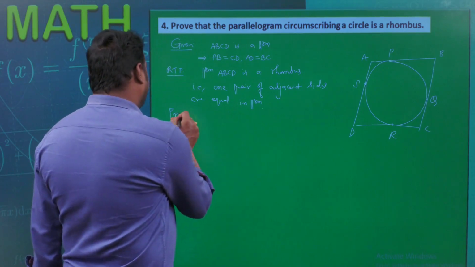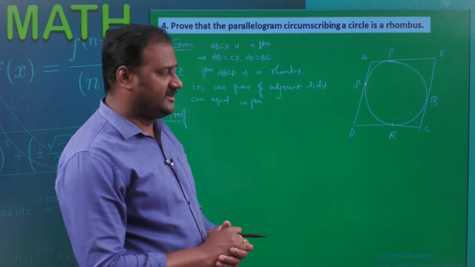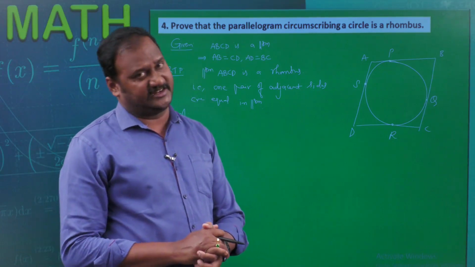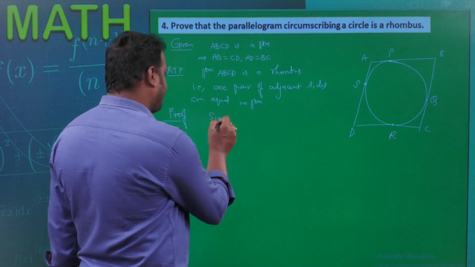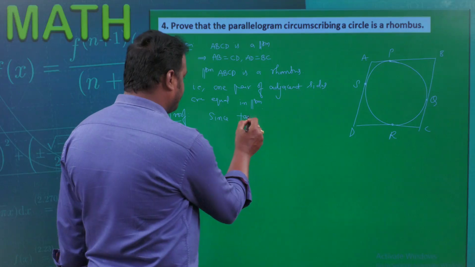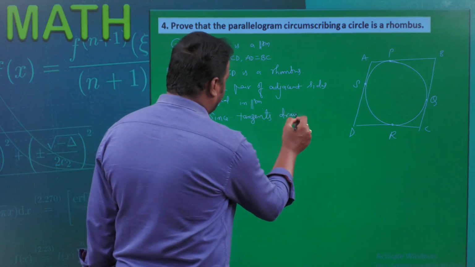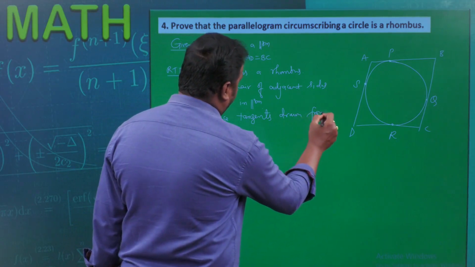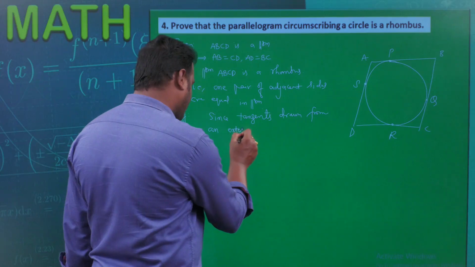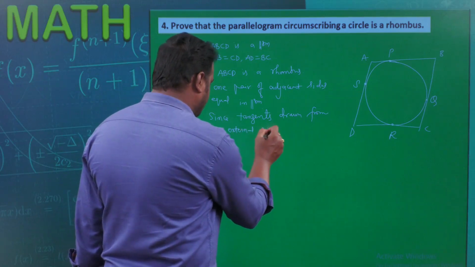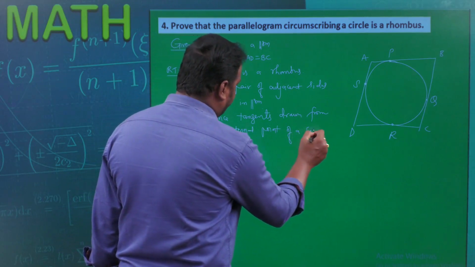For that, I am going to use the property that tangents drawn from an external point of a circle are equal. So since tangents drawn from an external point of a circle are equal.